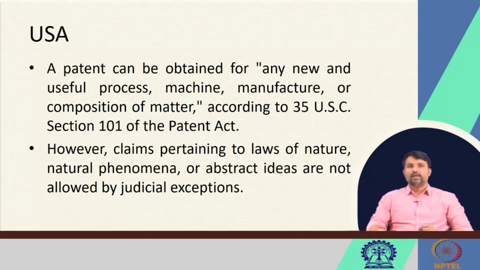So, as such, any useful process, machine, manufacture or composition of matter becomes patentable under the US law. However, there is an exclusion with regard to laws of nature, natural phenomena or abstract ideas.